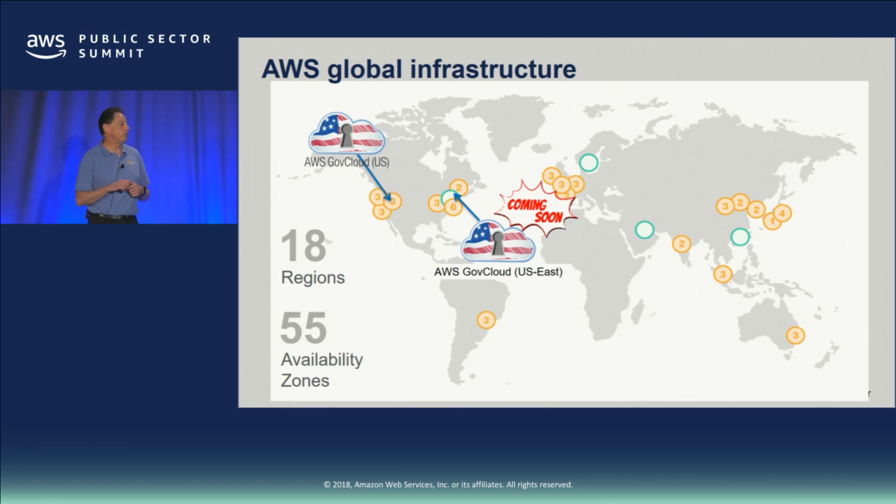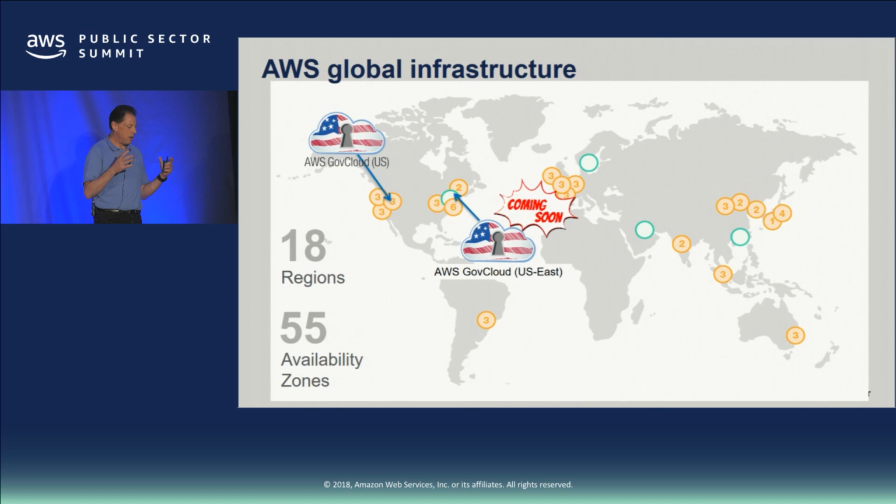Inside those regions, you see a little number 3 there, and that indicates the number of availability zones. An availability zone is how we do fault tolerance within a region. Each availability zone has its own power source, its own tier 1 internet service providers, as much as we can get that isolated.